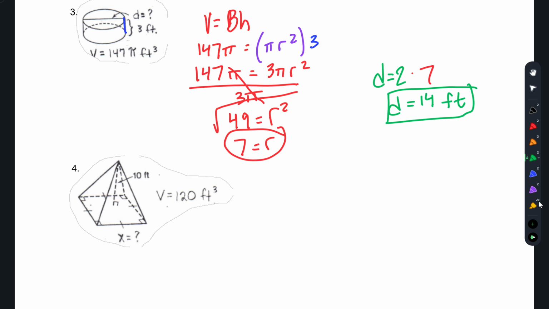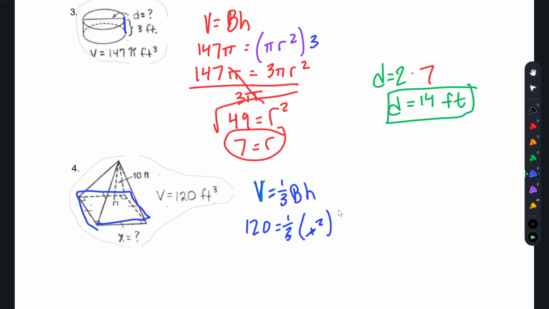Moving right along, number 4, we have a pyramid this time, a square pyramid. So the formula for the volume of a square pyramid is 1/3 area of the base times height. That volume is 120. The base is a square, so the area of that base is going to be side squared.